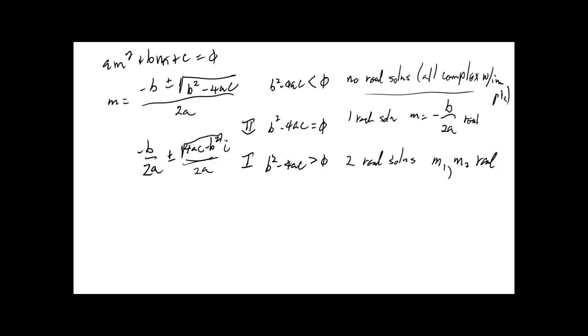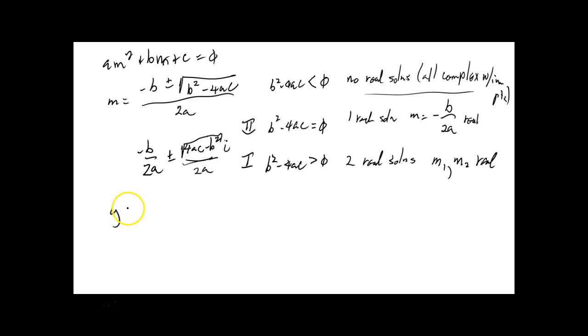Okay, so let's start with the first one, the easy one. Case 1. Two real solutions. Here's your general solution to that second order ordinary linear differential equation with constant coefficients.